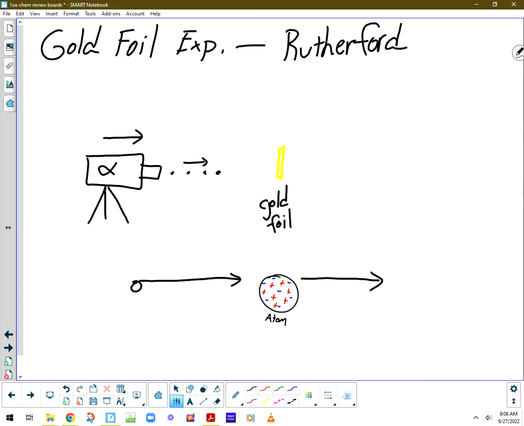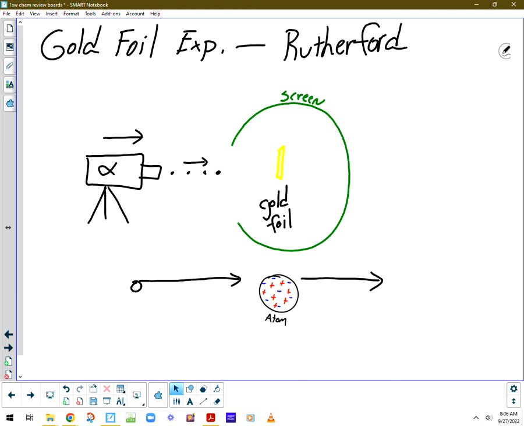What ended up happening, they could tell this because they put a circular screen all around it, so that whenever the particles hit the screen, they would make it light up, a little blinky blinky like you had inside the tube.